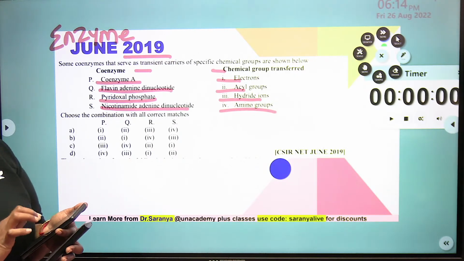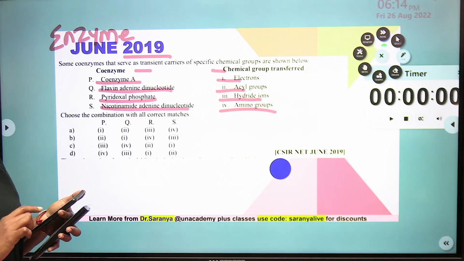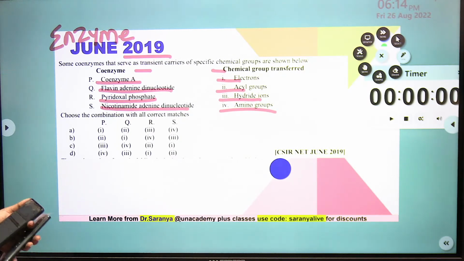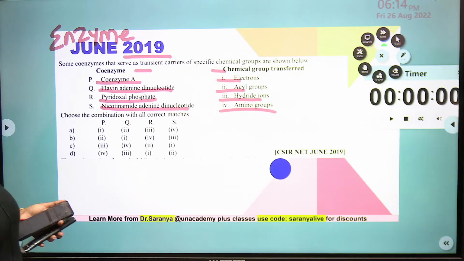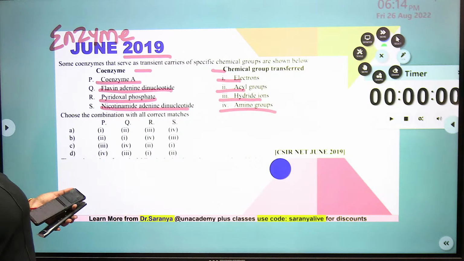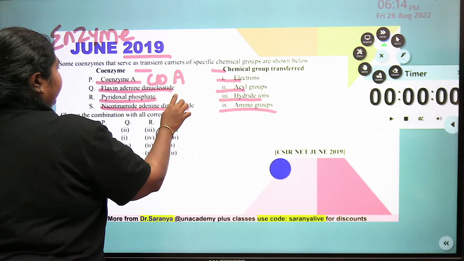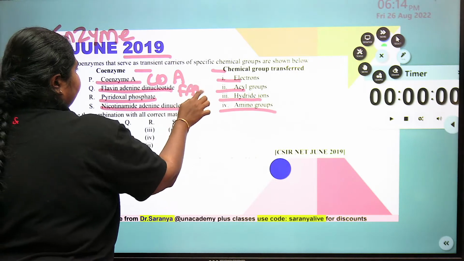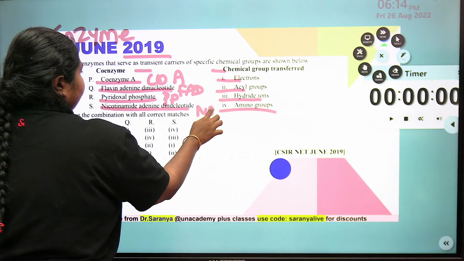Everybody in this class, try it out. If you get it, please do let me know. I hope the slides are visible now. If not, I am just reading out for you. It is coenzyme A, FAD, pyridoxal phosphate, NAD.